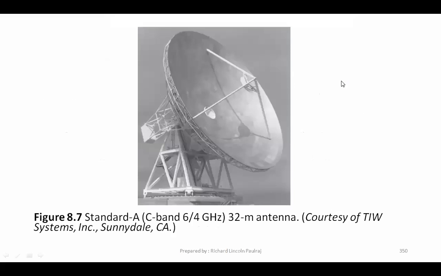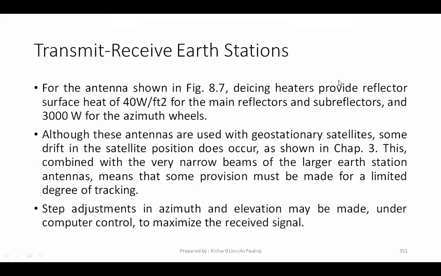Okay, so this is actually our last topic for our module, after which we'll be moving on to the fifth module. Right. So these are some more information that we will be looking into with regards to transmit-receive earth stations.